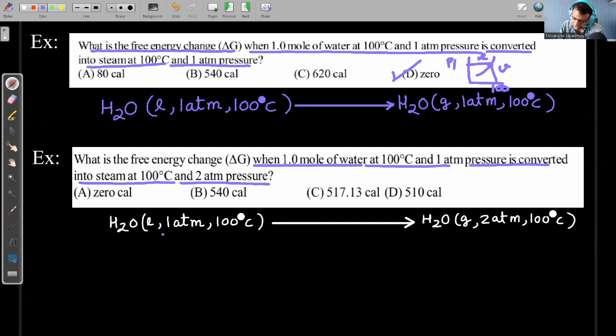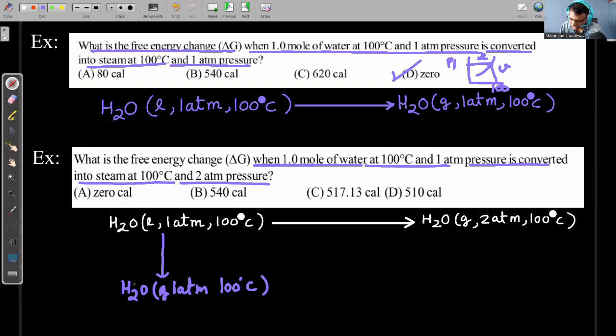This point is very important: whenever we say that some variable is a state variable, whether I move from initial state to final state by one path or more than one path, since the initial and final state are the same, the change in that state variable will be the same. So what we are doing is converting this H2O to gas at 1 atm and 100 degrees Celsius.